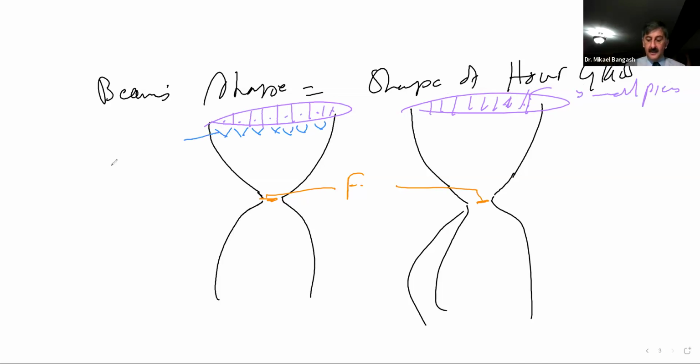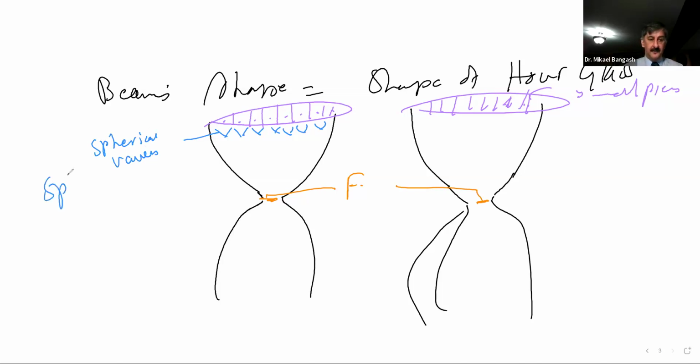And these waves are what we can call spherical waves. Did that make sense?